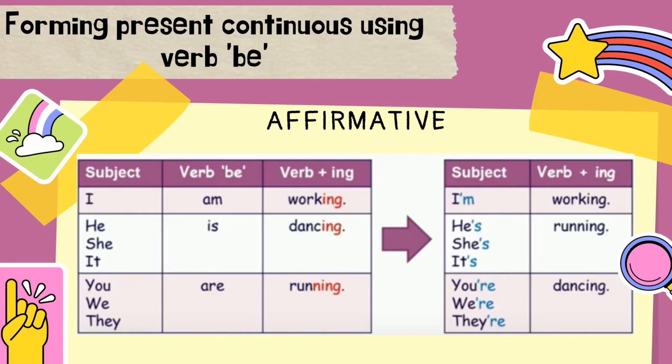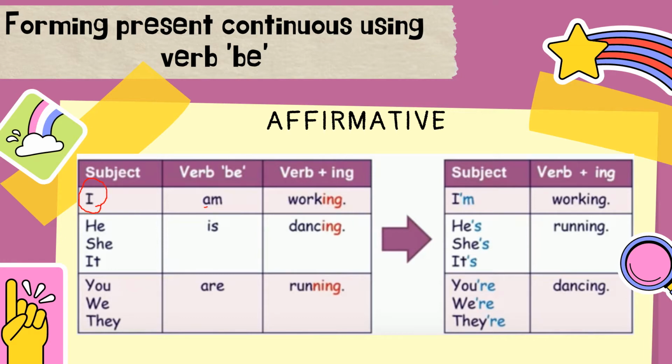For the verb be, we have am, is, are. And the last part is verb plus ing: working, dancing, and running.